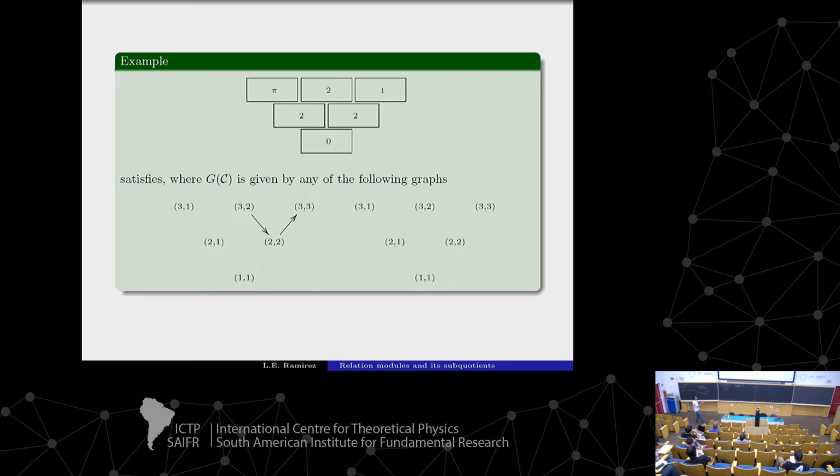So in particular, this Tableau satisfies this set of relations, and this Tableau may also satisfy the set associated with the empty set, just because you don't have any arrow to check. But if you just define the concept of a Tableau satisfying a set of relations, this is not enough.